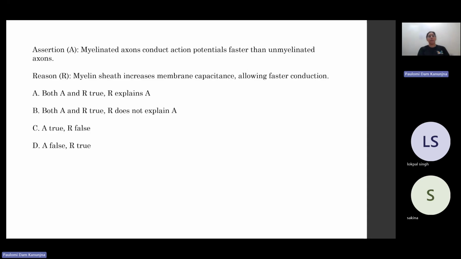Okay, myelinated axons conduct action potential faster than unmyelinated. Myelin sheath increases membrane capacitance, allowing faster conduction.